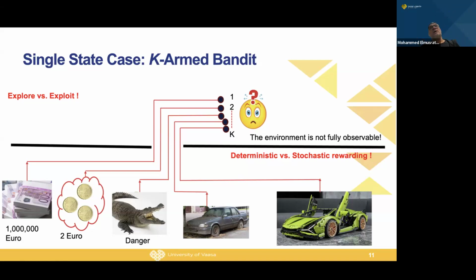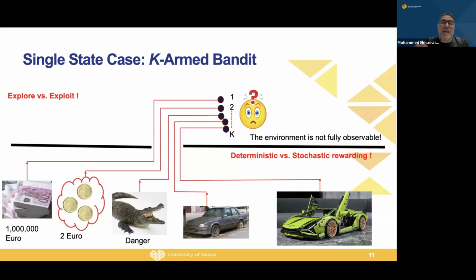In this case, the reinforcement learning agent has 2 options: either to exploit or to explore again. What is the meaning of exploitation? Exploiting means that since it got 2 euro, and because the game is repeated, every time you open the door you will find 2 euros.